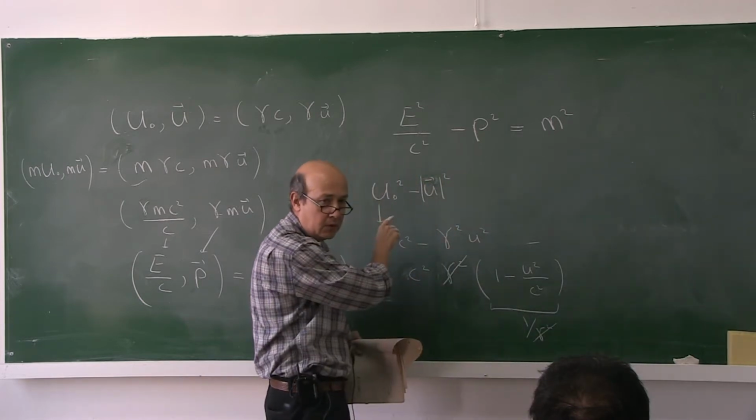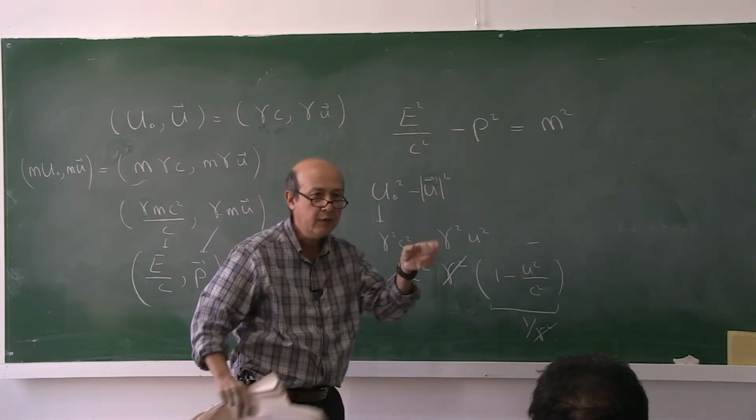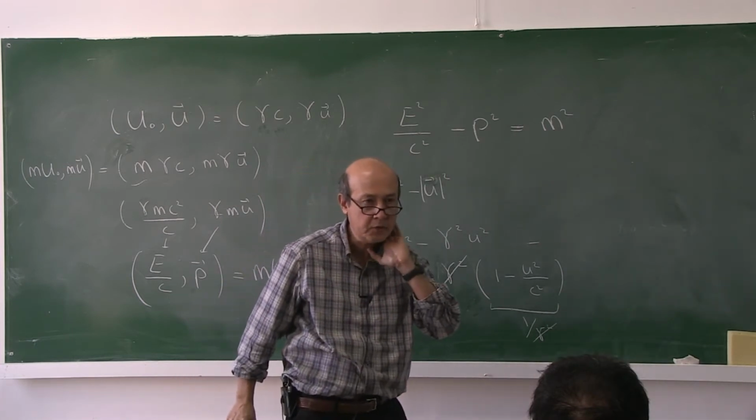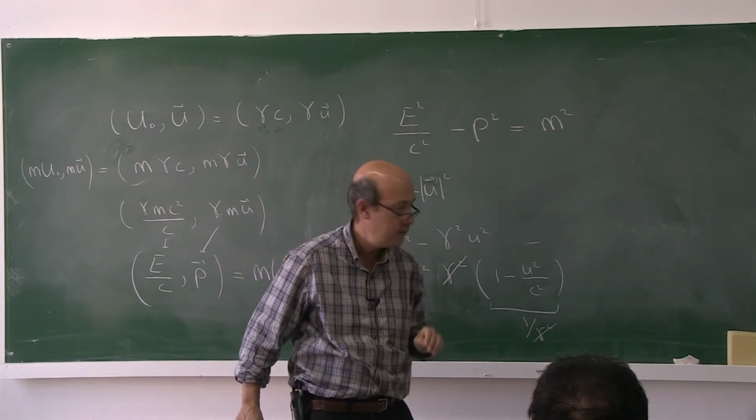This is important. So the length of the 4-velocity is all the time C square. That is invariant.